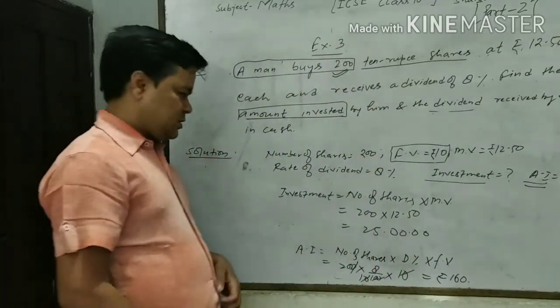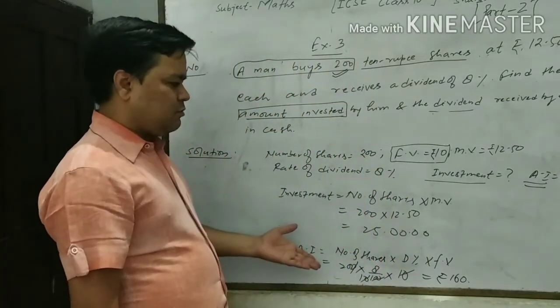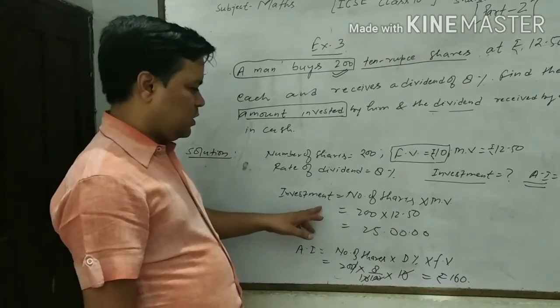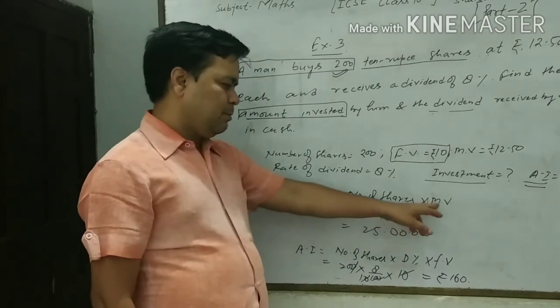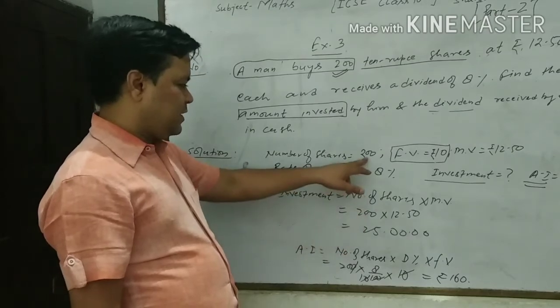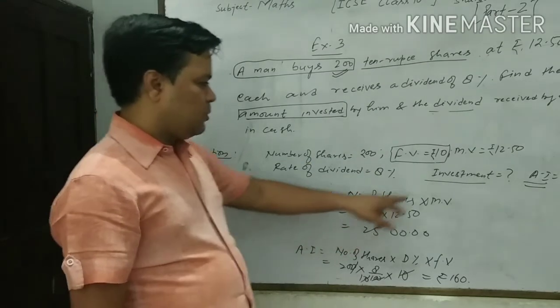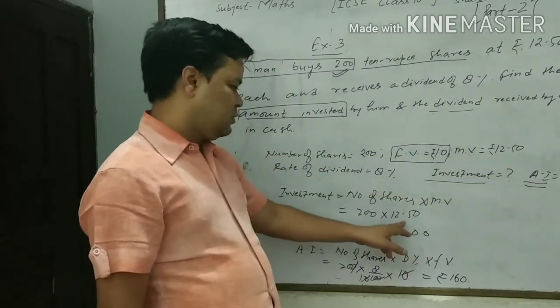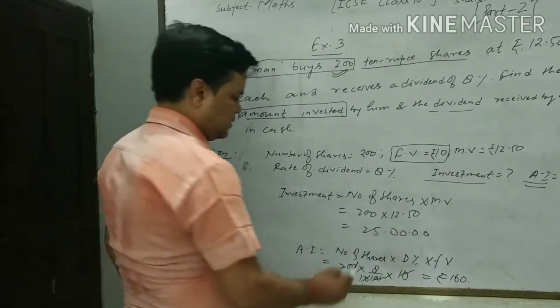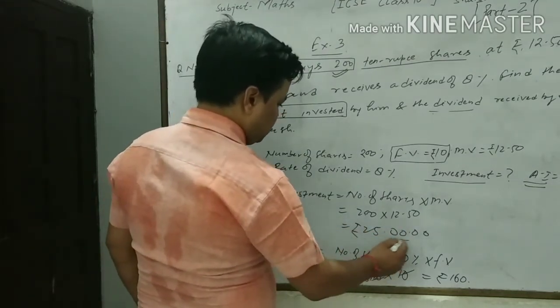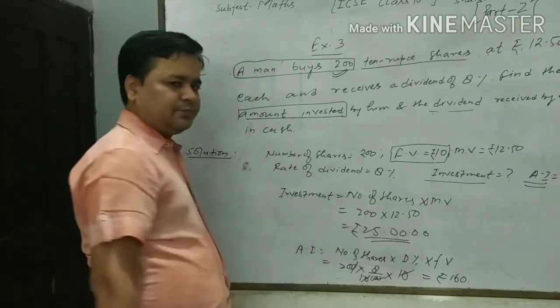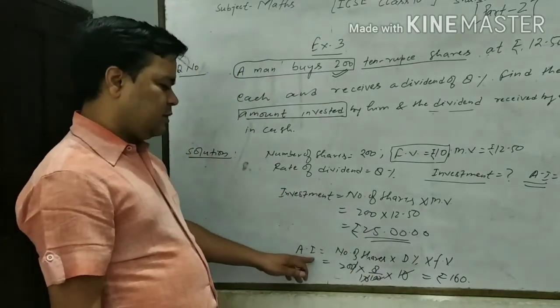So I told you, just with the help of formula we can do it. Investment is what? Number of shares into market value. And the number of shares is given, that is 200, into market value 12.50. After calculation, we find that the investment is 2500. The next one is annual income.